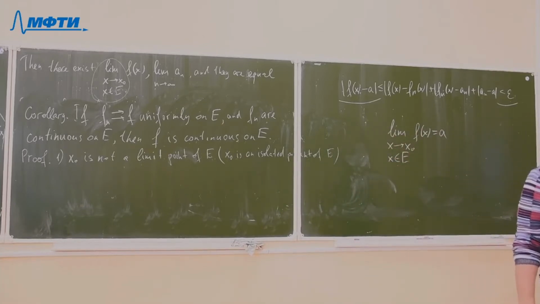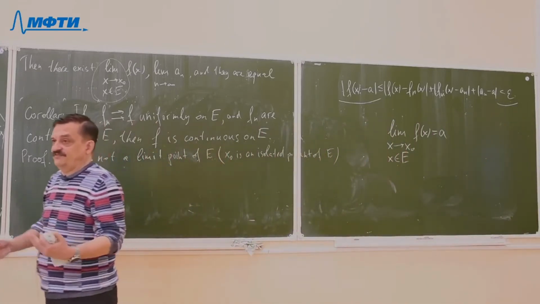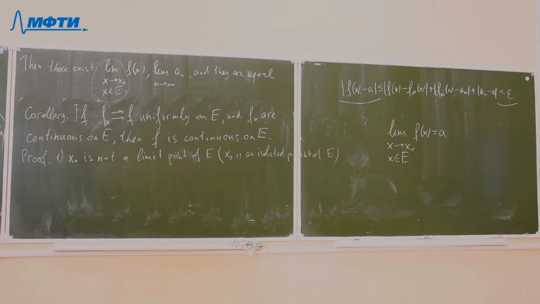Why? Because we know that if a function is defined on a set and x naught is an isolated point of this set, then automatically the function is continuous. Because we cannot approach x naught, right? So it's sufficient to have a function which is defined somehow, and that's all. Okay. So here we don't need to prove anything.